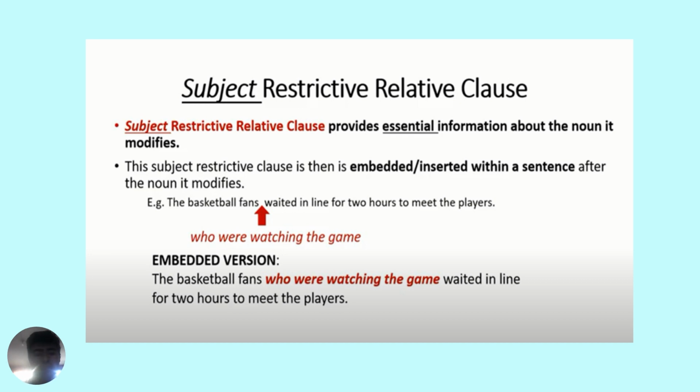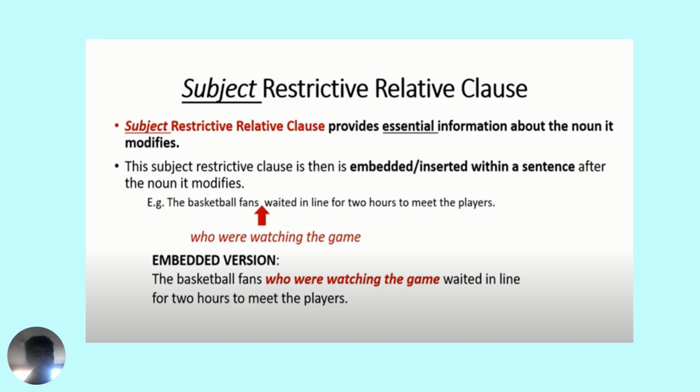But the basketball fans is my subject, and I would like to restrict this subject to certain fans. So how do I do that? I insert, embed, a subject restrictive relative clause.